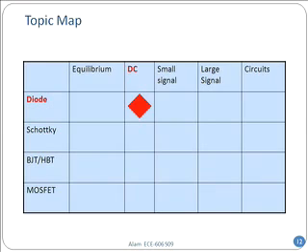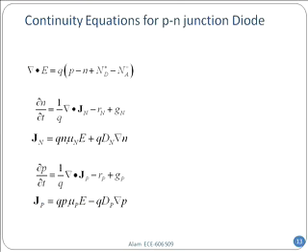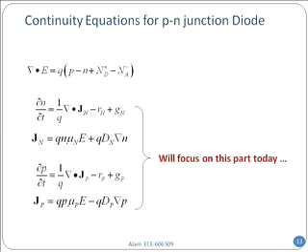So if you understand why I am doing a certain class of things, you will see the whole process repeated over and over again. So it will be very easy for you if you understand the basics. So again, today I'm going to focus on this part of solving equations, assuming the Poisson equation I have already solved by drawing the band diagram.